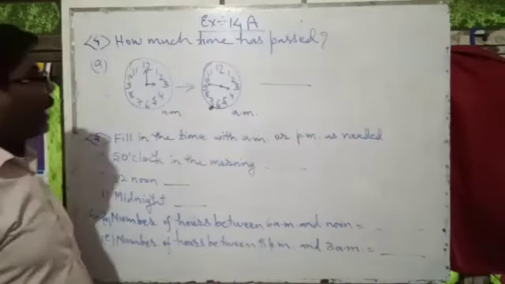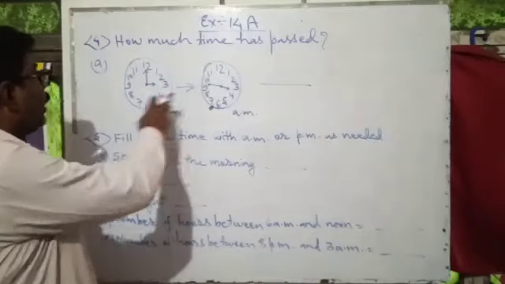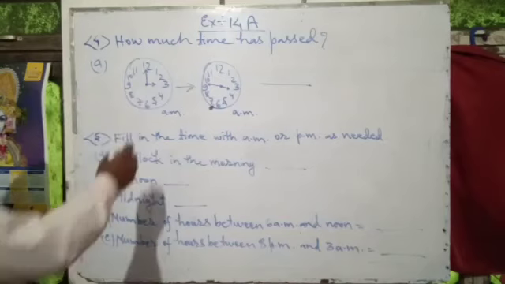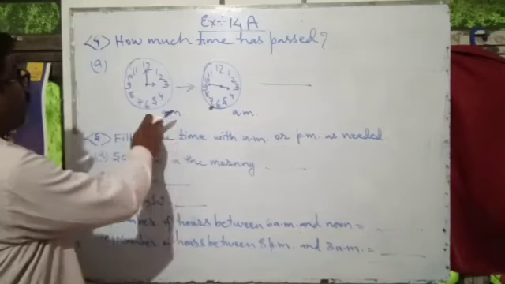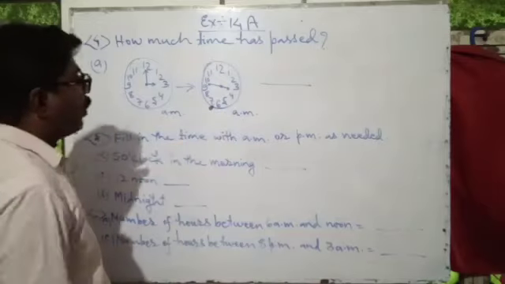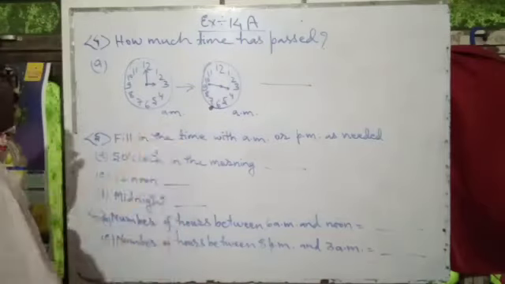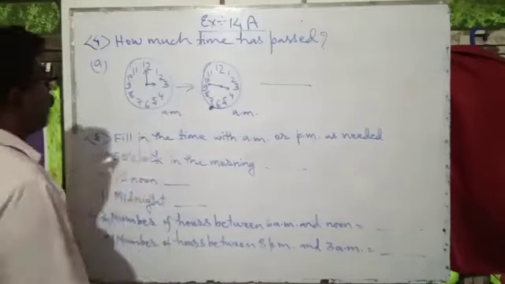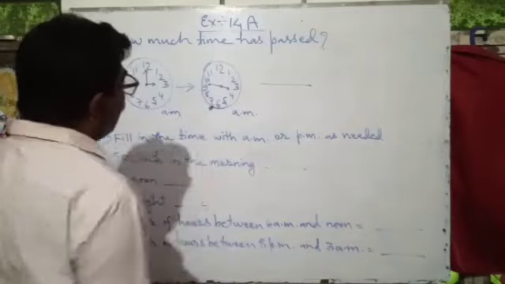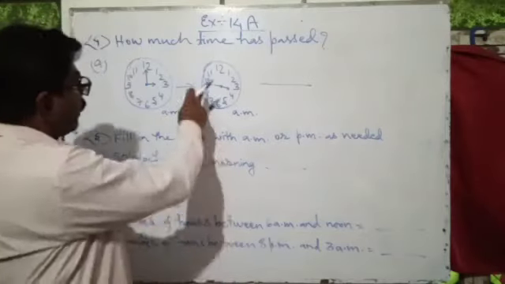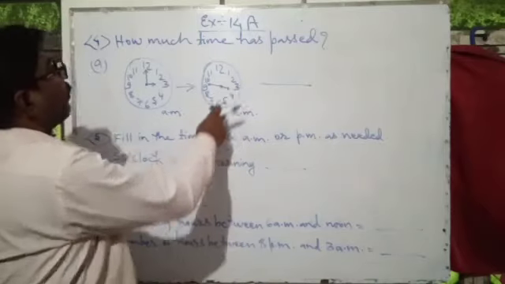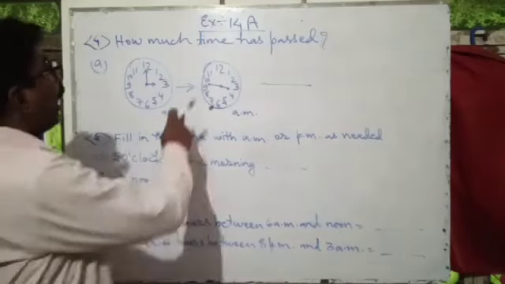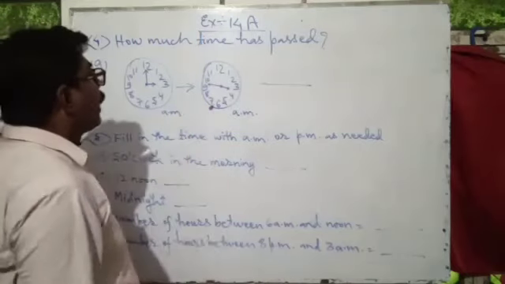How much time has passed? Here children, you can see there are 2 clocks. In the first clock, the time shows 3 a.m. Here shows a.m. time and here also shows a.m. time. The short hand is at 3 and the long hand is at 12. That means 3 a.m. And in the second clock, the short hand is just after 3 and the long hand is just after 9, 2 dots after 9.